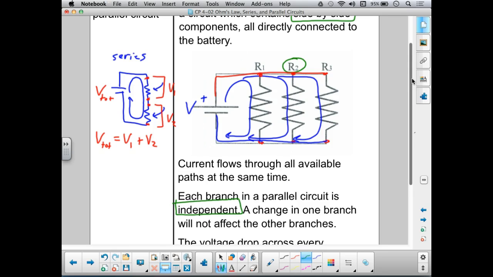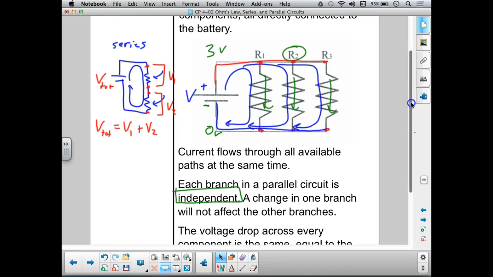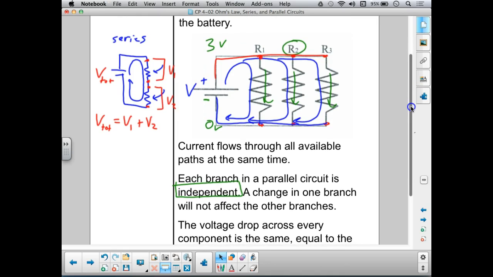If each person was carrying 3 volts, or 3 units of energy, up here, remember when they get back around to the negative side of the battery, they're not allowed to have any volts left. We have to be at 0 volts when we get back around to the negative side of the battery. So in each of these cases, 3 volts has to be dropped or given away by each charge as they go through the circuit.